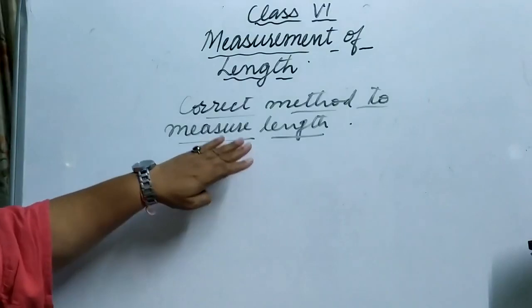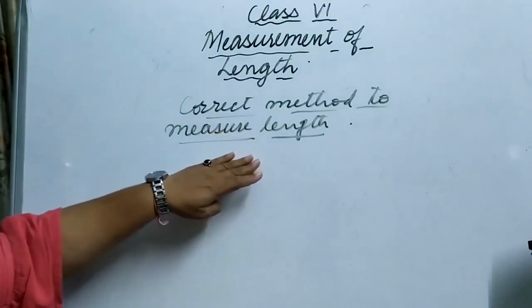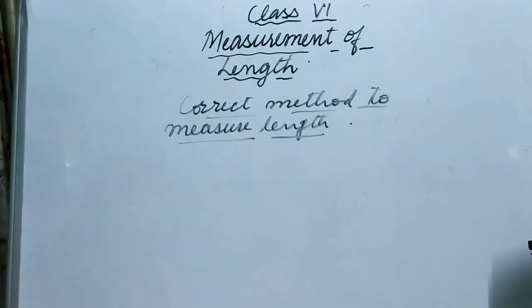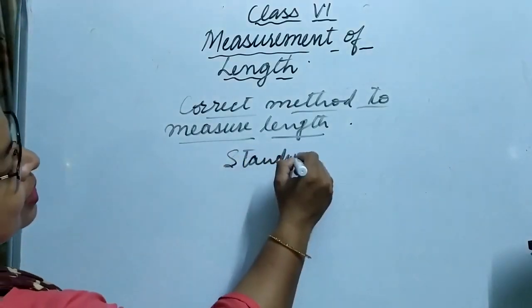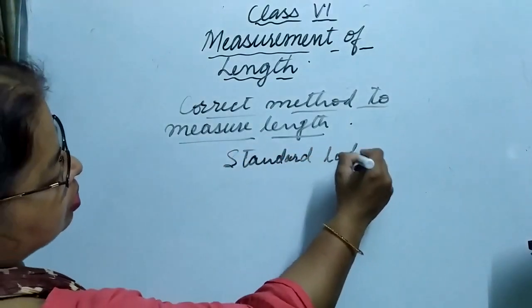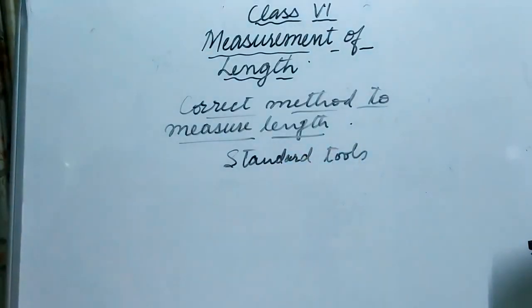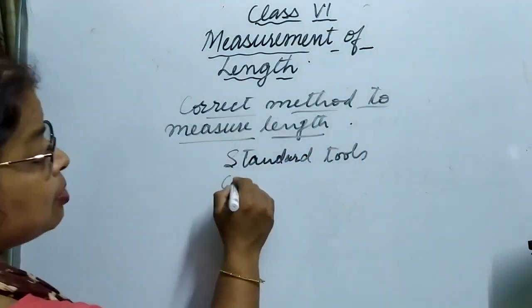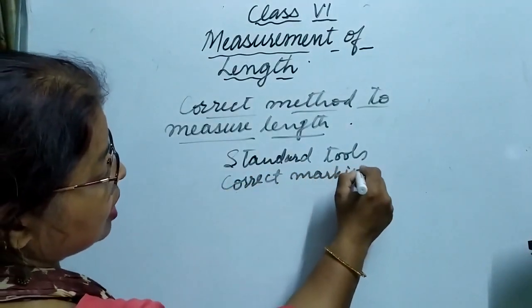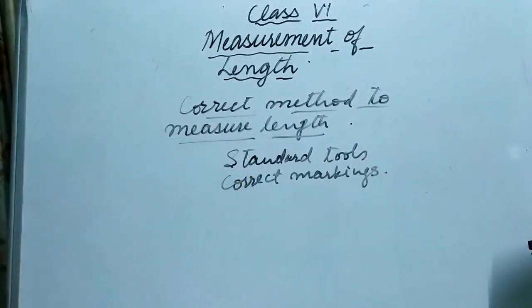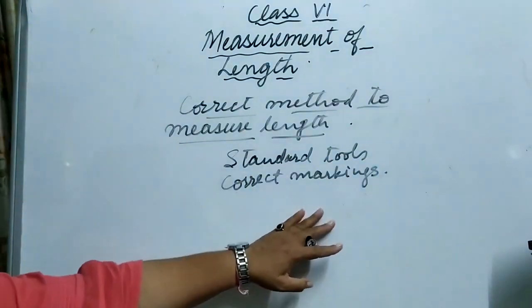See, the correct method of measuring length or distance is using the standard tools. If we use standard tools, then we can get correct markings on them just to measure the length.